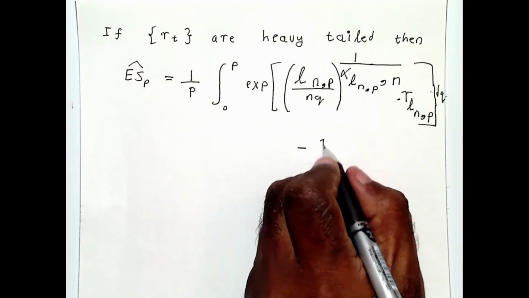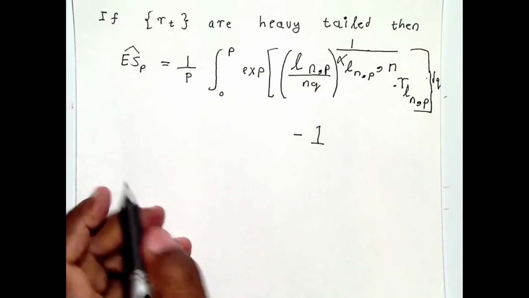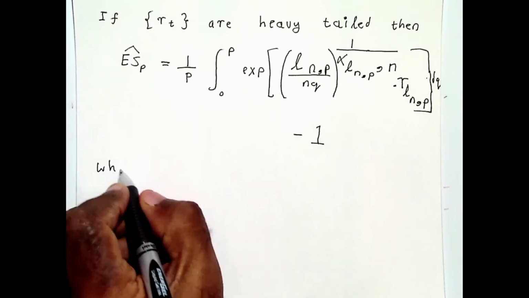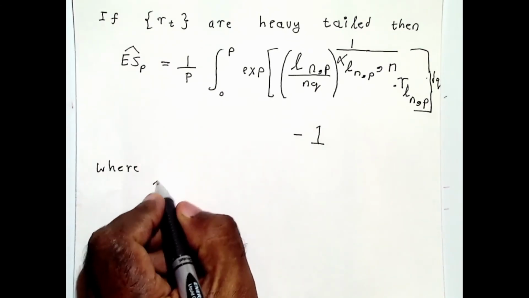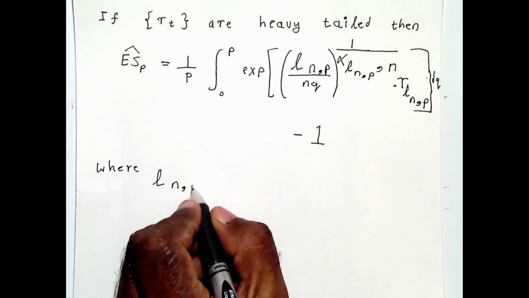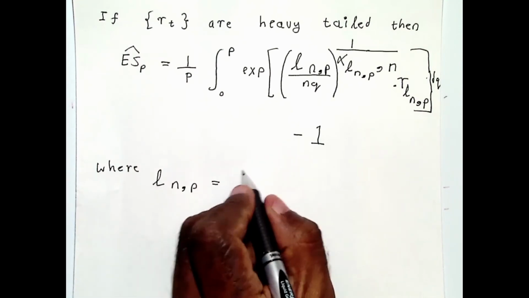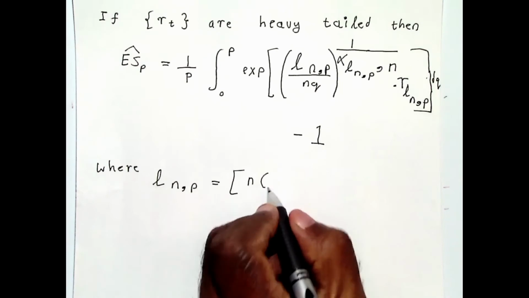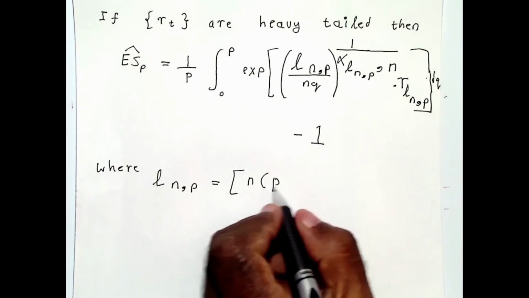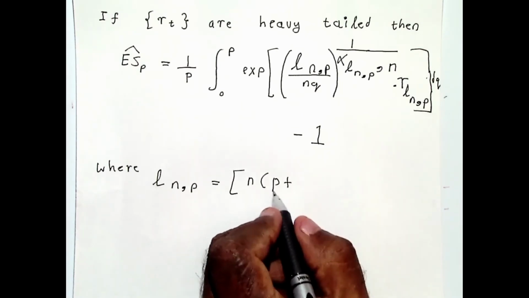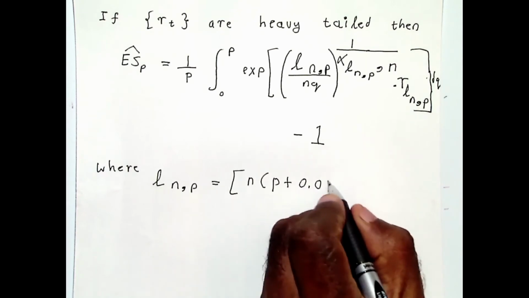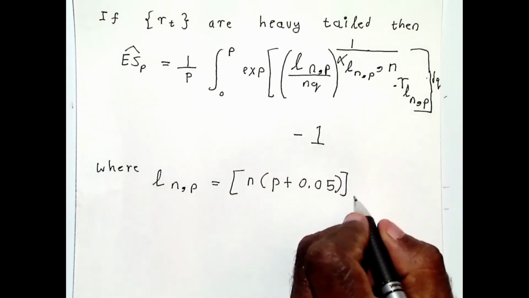minus 1, right, where L_n p denotes the integer part of the number n p. N is the sample size and p is the probability, say 0.05, right?